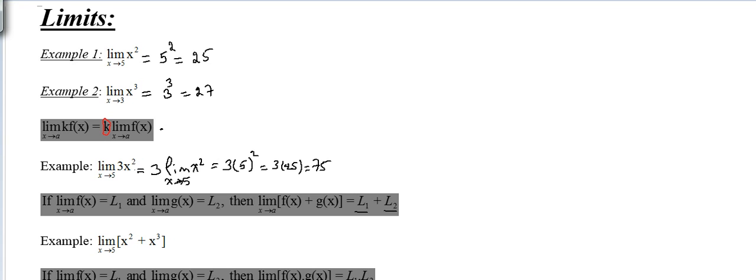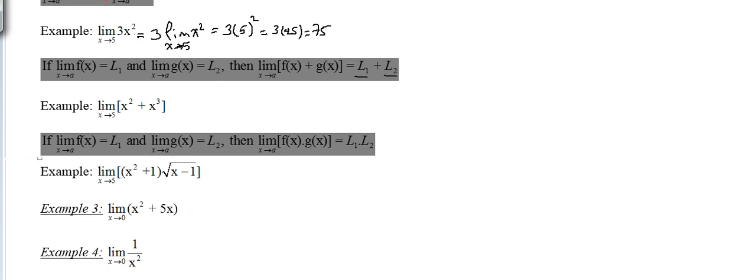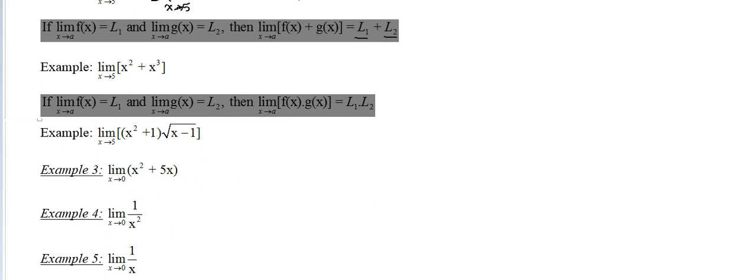If the limit of f of x as x approaches a is L1, a certain number, and the limit of g of x as x approaches a equals L2, then the limit of f of x plus g of x as x approaches a is L1 plus L2, the sum of the answers of f of x and g of x. We can also substitute directly in the example.